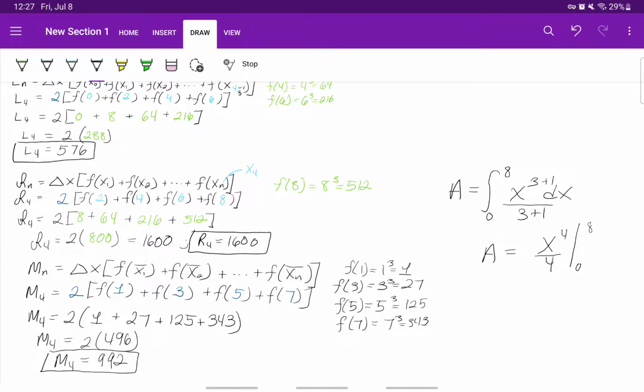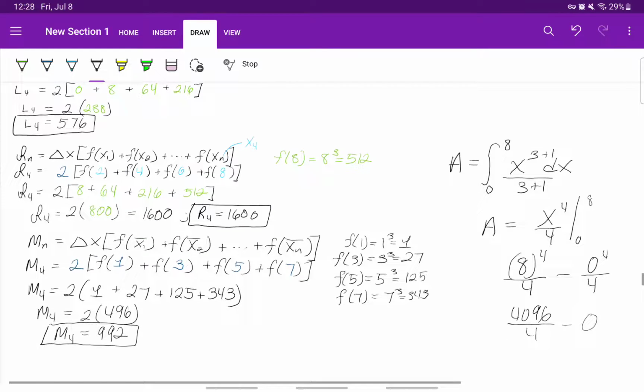Remember, when it comes to the definite integral, no plus c. Plug 8 into the function first. So 8 to the fourth over 4 minus 0 to the fourth over 4. This part here is 4,096 over 4, minus 0. And the actual area is going to be 1,024.